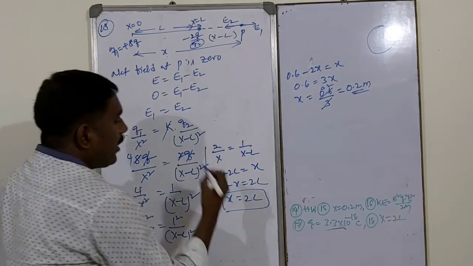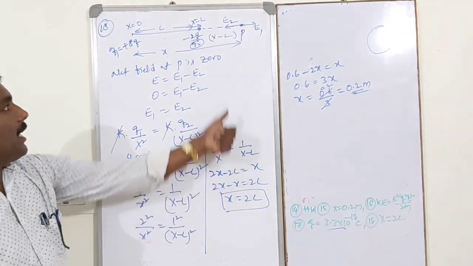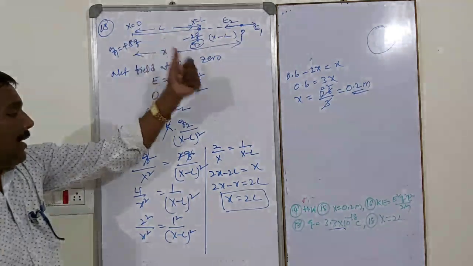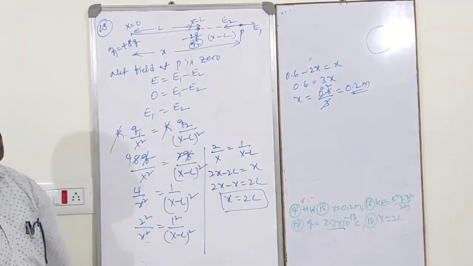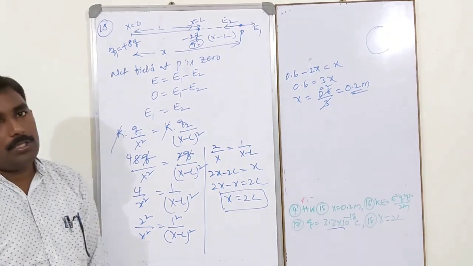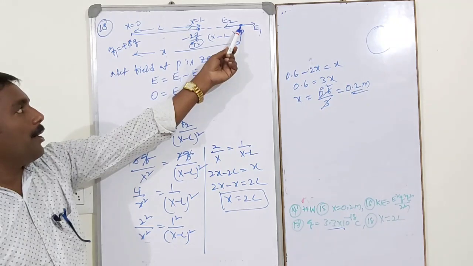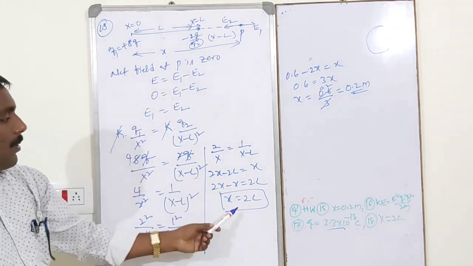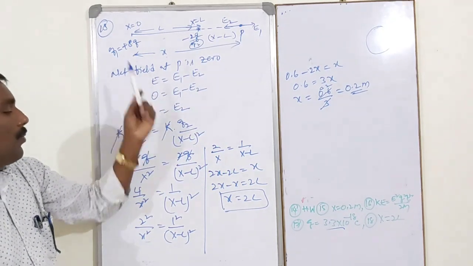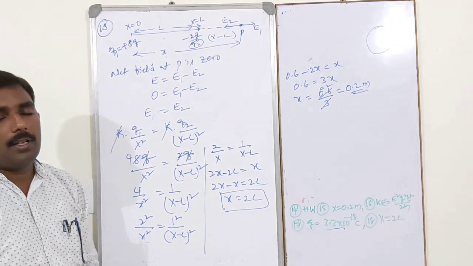That is the final answer. So the electric field is 0 at a distance of 2L from the Q1 charge, at a point P at a distance of x, where x is nothing but 2L from the Q1 charge. Okay students, this is the final answer. Okay, thank you.